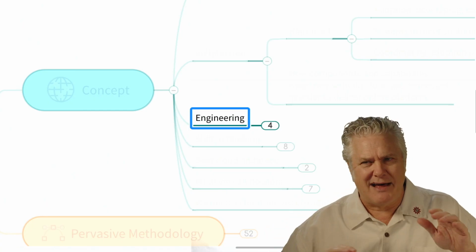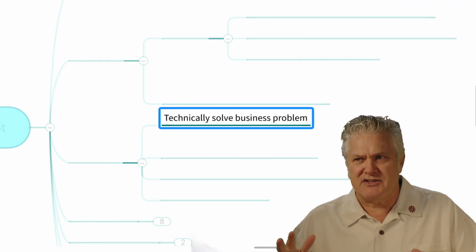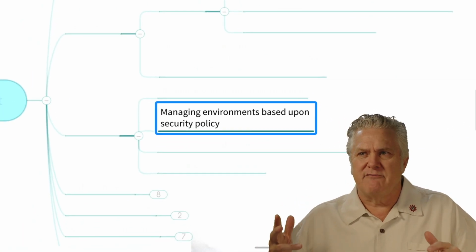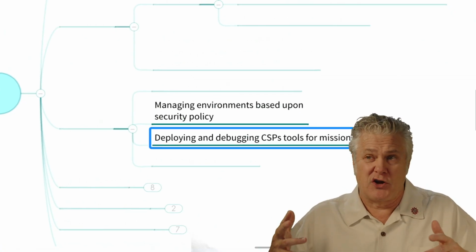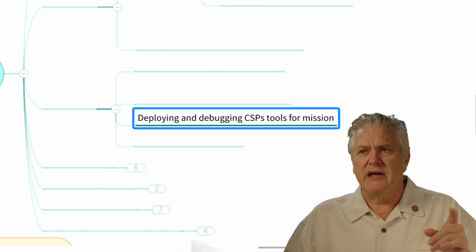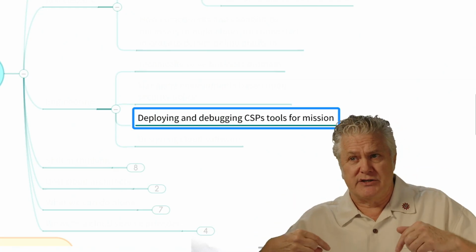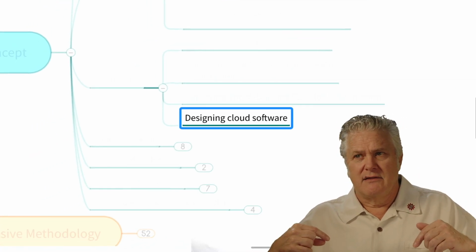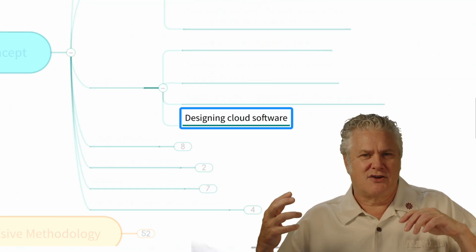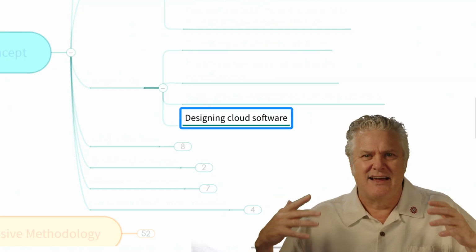So then we start talking about engineering, which is technically solving the business problem. Management environments are based upon some sort of security policy, and we're deploying and debugging cloud service provider tools for our mission, okay? And we're doing that using cloud software. We're designing cloud software.